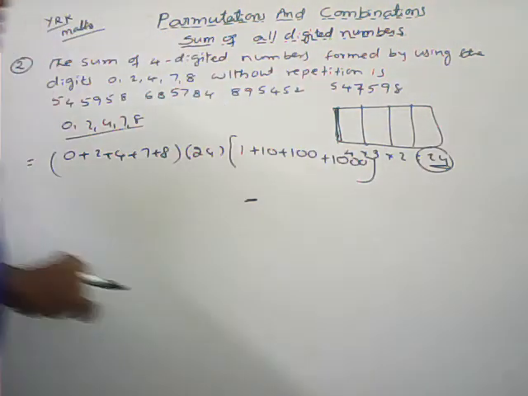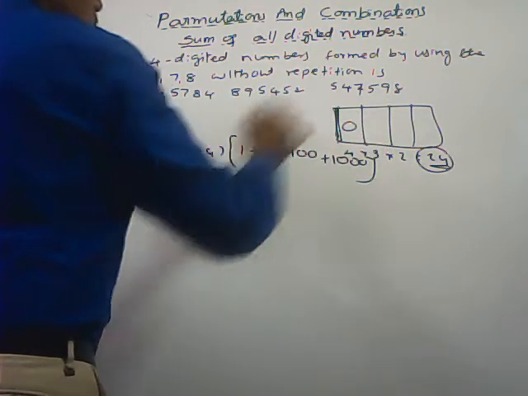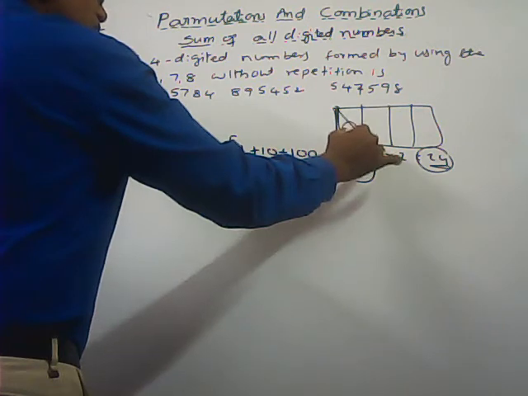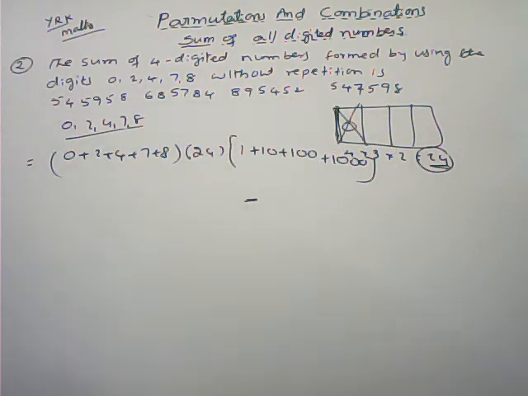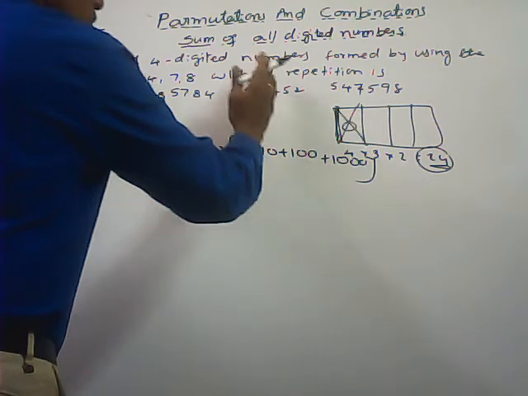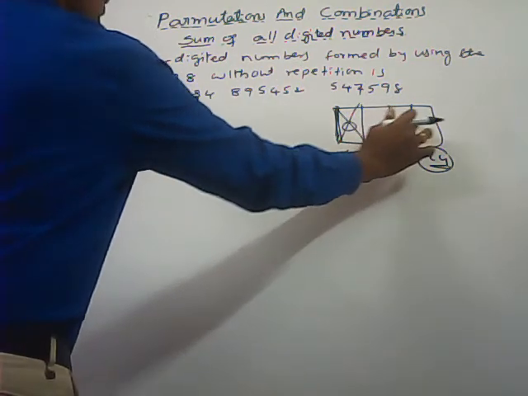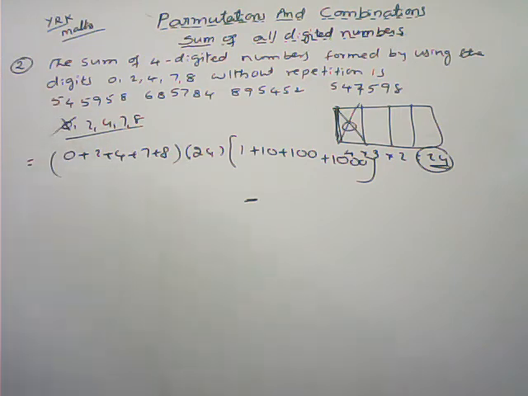Some numbers are there containing 0 in the thousands place. We can subtract these, because all these are not 4-digit, those are 3-digit numbers only. We have to subtract them. Now 0 here, you can remove that one. Now we want the 3-digit numbers without the 0 only. We cancel 0. Here what I am subtracting? All the 3-digit numbers only, without 0.